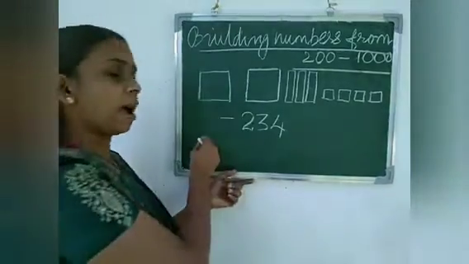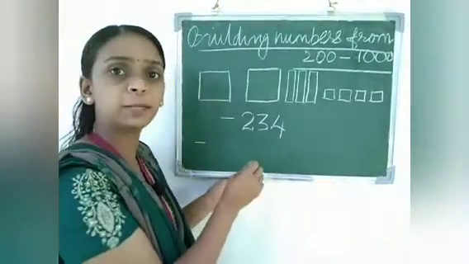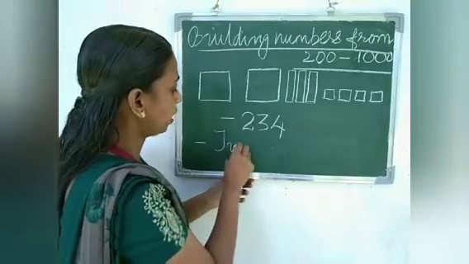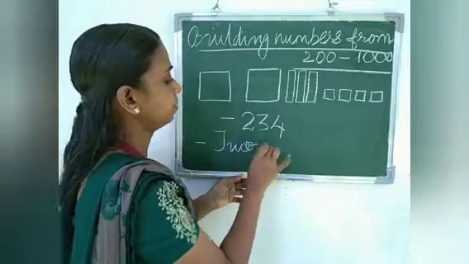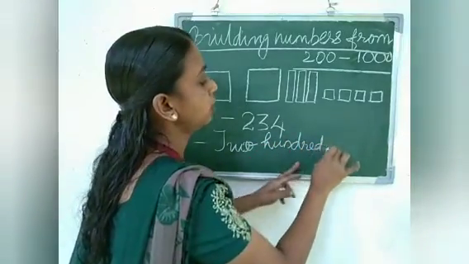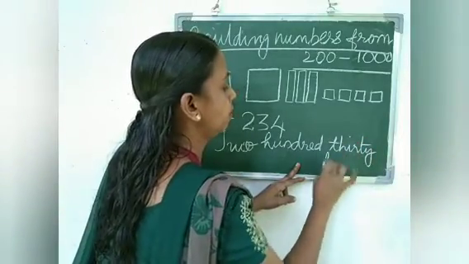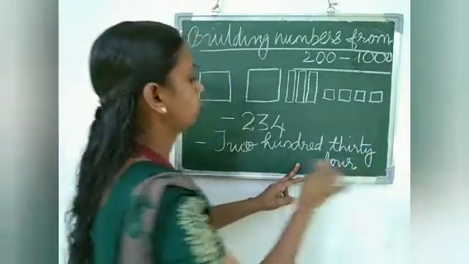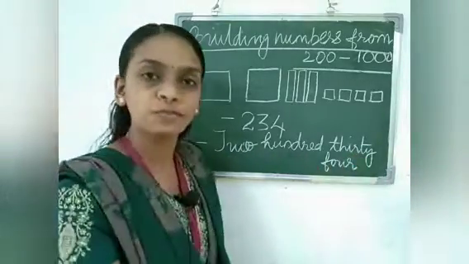So how will we write this number? Look, how will we write the number name of this number? 234. So we will write the number as 234.